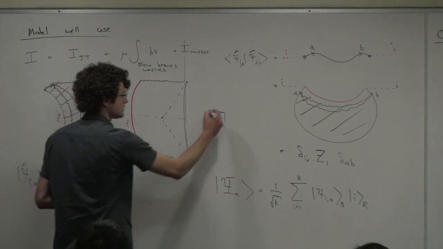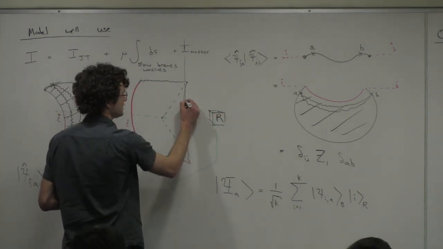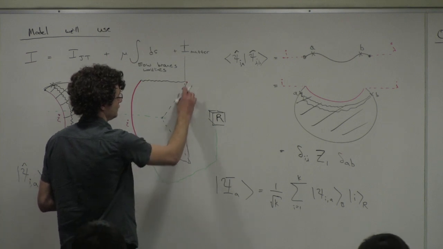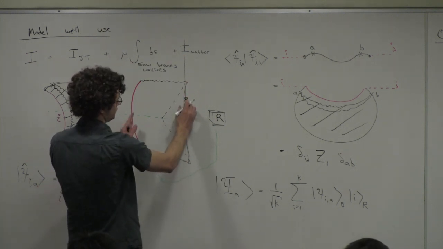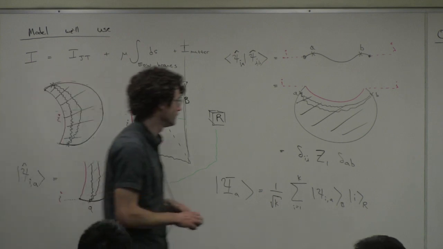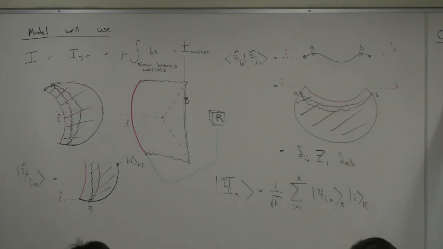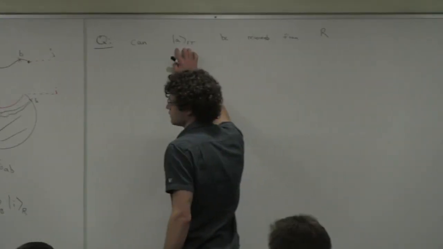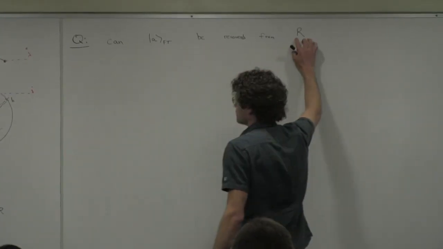So this is the R system, and the B system is the boundary theory that's dual to this bulk. And the question that we want to address is whether the state of the bulk fields can be recovered from the R system.